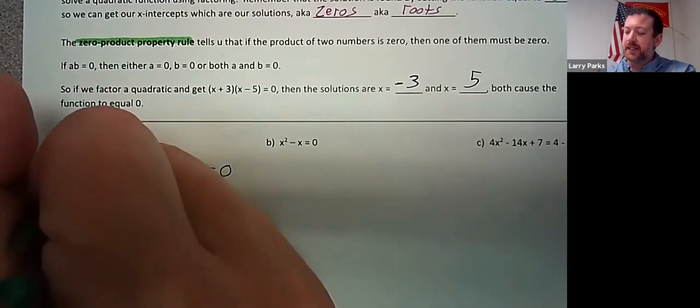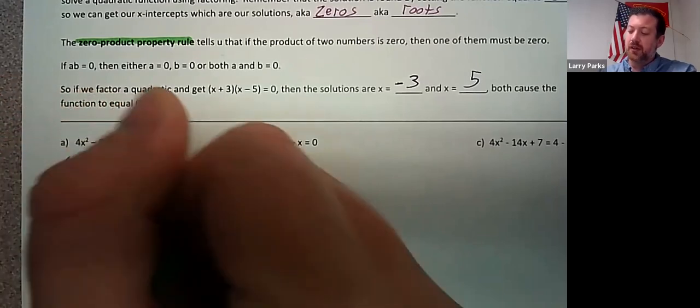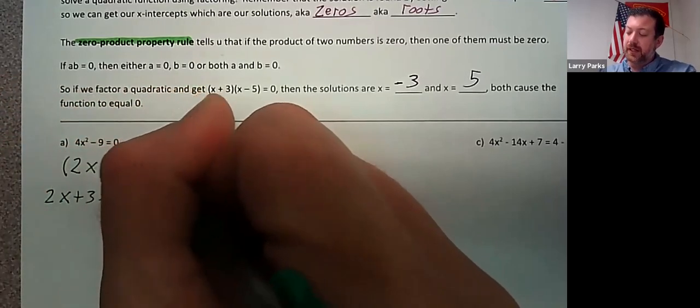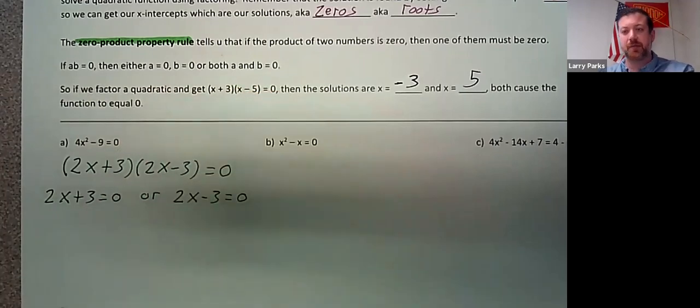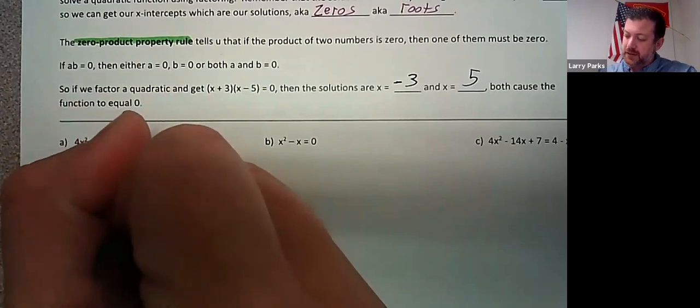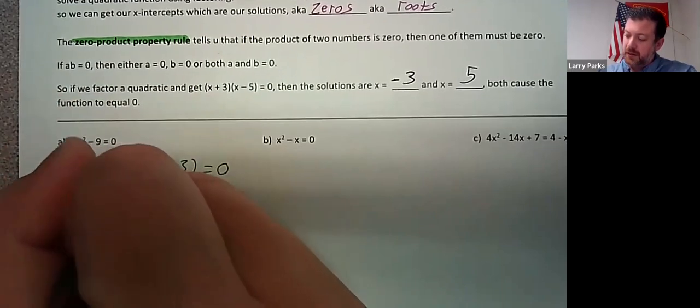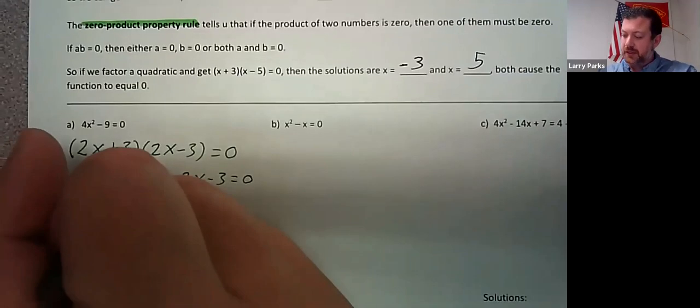So from here, I could say 2x plus 3 equals 0 or 2x minus 3 equals 0. From there, this is algebra 1, solving for x. I would subtract 3 from both sides. And then I would divide by 2.